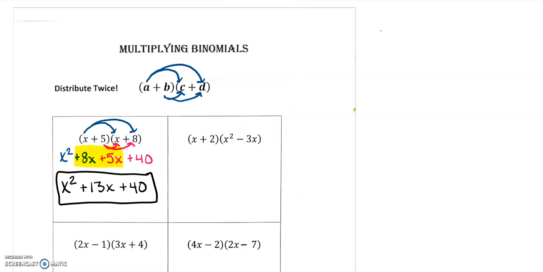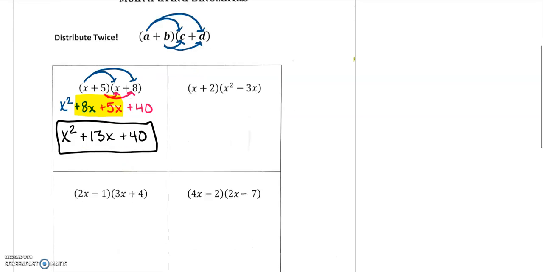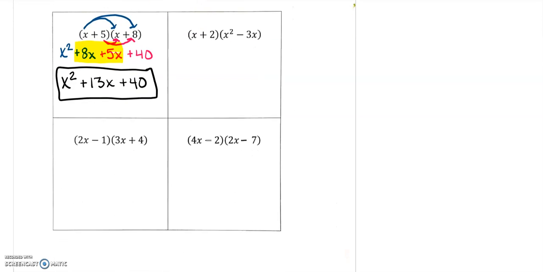Let's go to the one underneath. So we're going to distribute this 2x twice. We're going to distribute it to the 3x, and we're going to distribute it to the 4. 2x times 3x is 6x squared, and then the 2x times a positive 4 is a positive 8x.